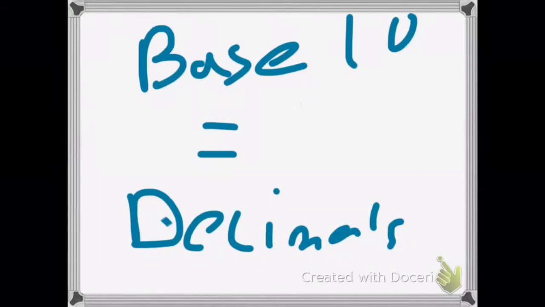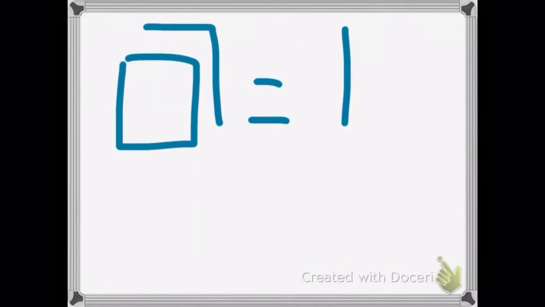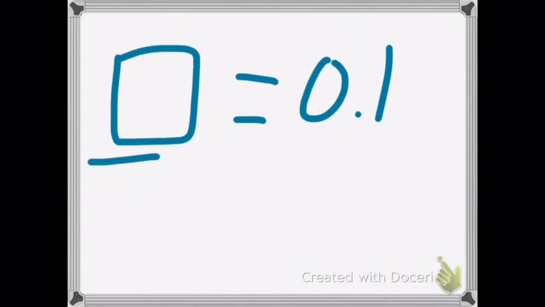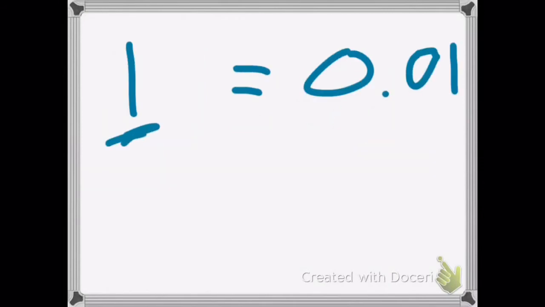Now we're going to practice base tens compared to decimals. We call this a big cube. 1 big cube is equal to 1. We call this a flat. 1 flat is equal to 1/10. This is a long.